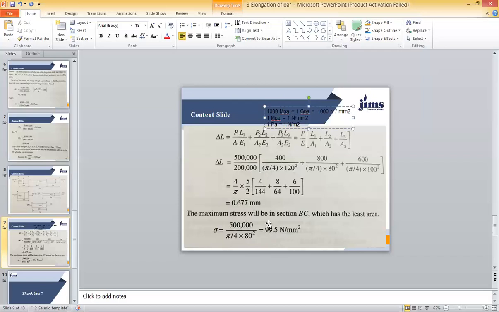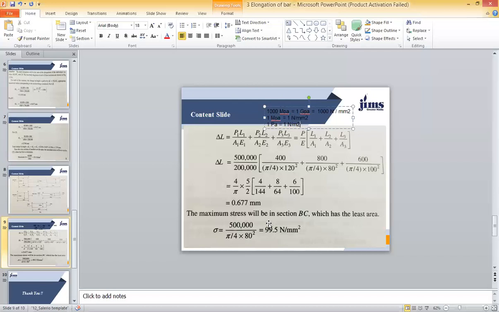One more thing I want to tell you: when we calculate the elongation, use units in Newton and mm, because the elongation of bars is a small amount. If I change all the units in terms of pascal, Newton, meter square, the value is 0.0006.